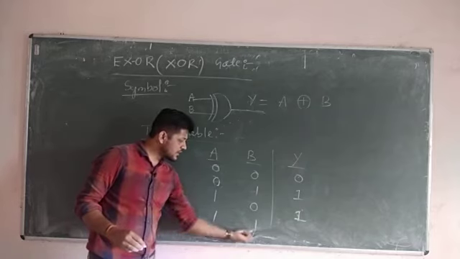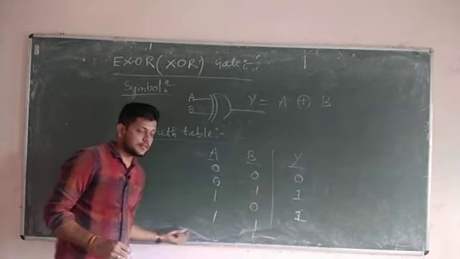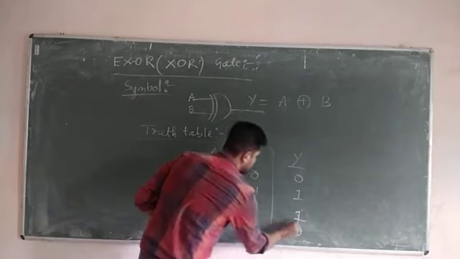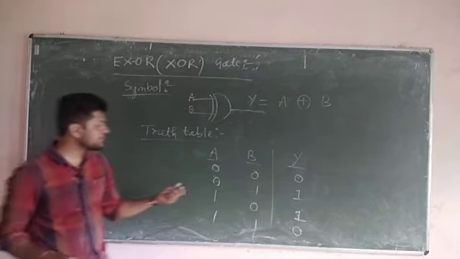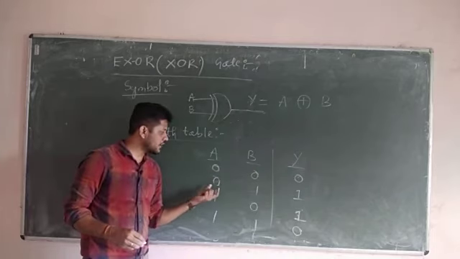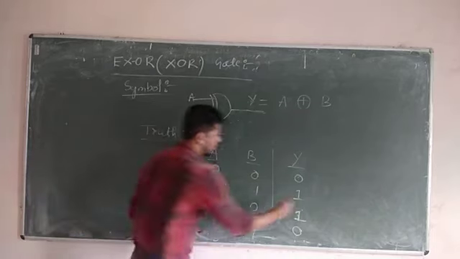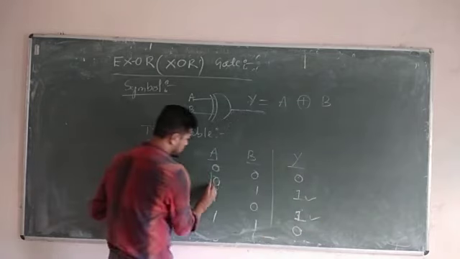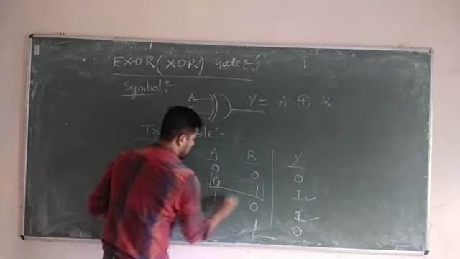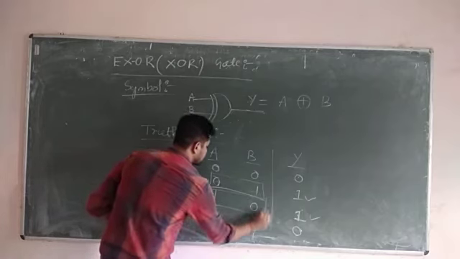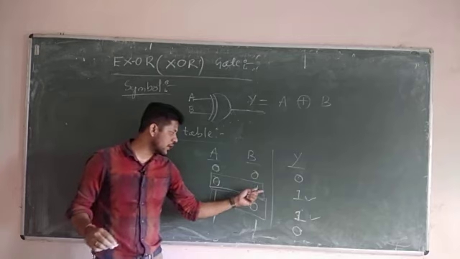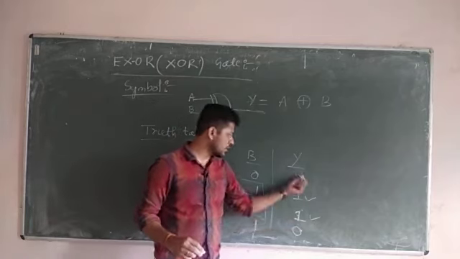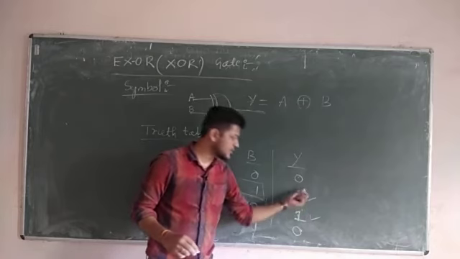In the last case, both the inputs are 1. Obviously, in that case the output will be 0. So keep that in mind: in the XOR gate, the output will be 1 in 2 cases, when one of the inputs is 1. In one case B is 1, in the other case A is 1. Only then does the XOR gate produce the output 1.